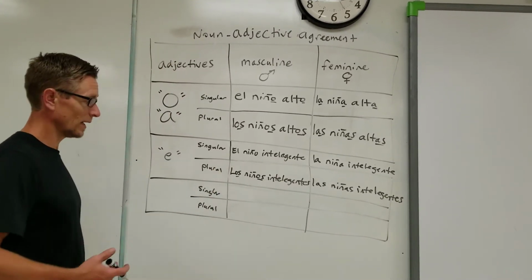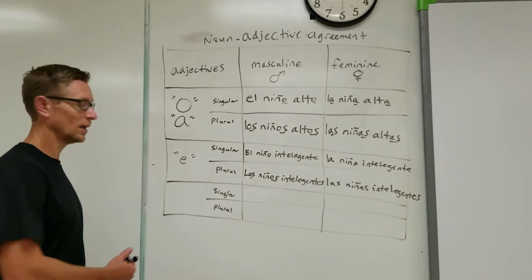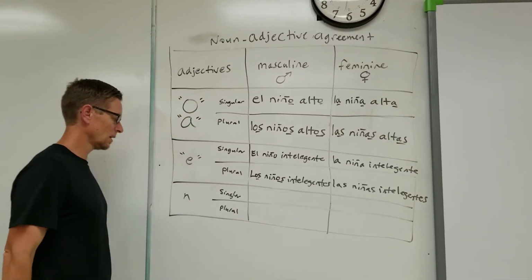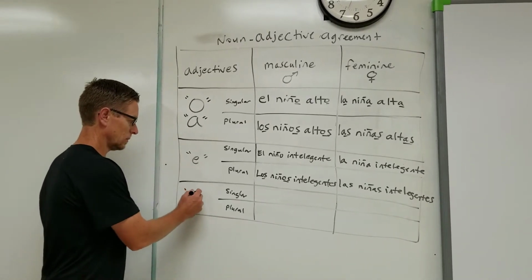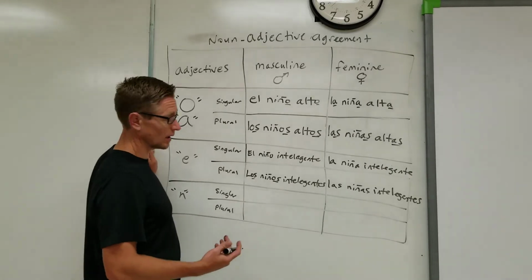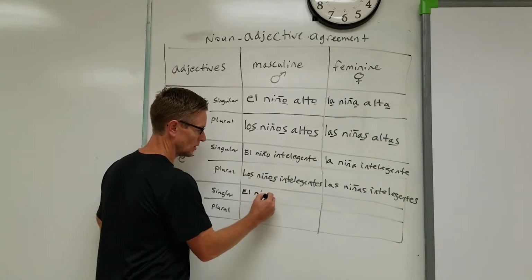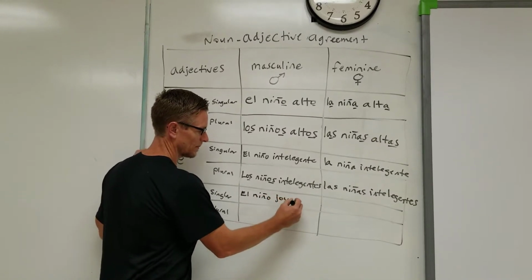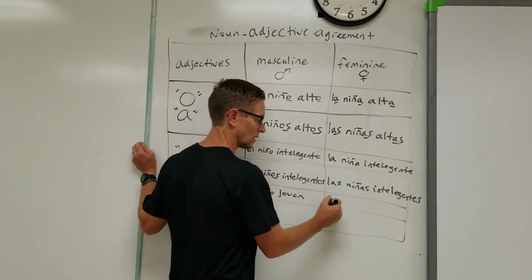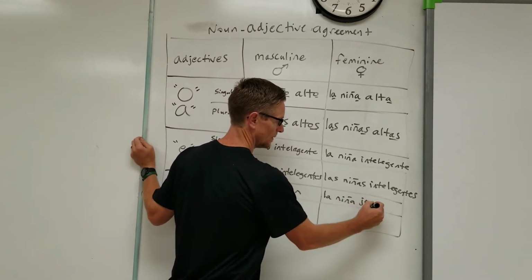Now, they do also have adjectives that don't end with a vowel. They end with a consonant, like, say, N. So, for example, joven. If you want to say the young kids or the young boy, it's going to be like this. El niño joven. If you want to say the young girl, it'd be la niña joven.